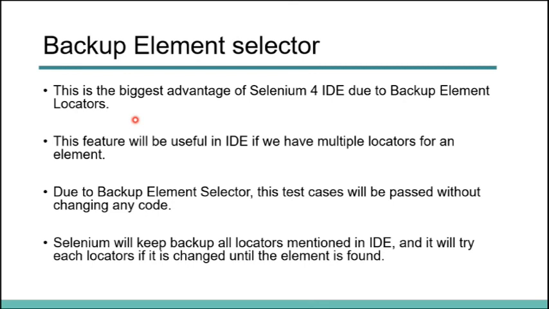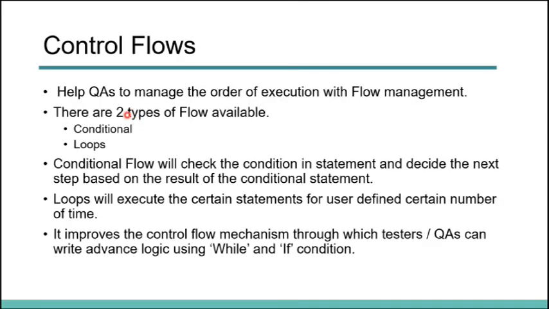Now the next feature is control flow. Basically, this feature of IDE helps QA manage the order of execution and flow management. There are two types of flow available, conditional and loop. Conditional flow will check the conditions in a statement and decide the next step.